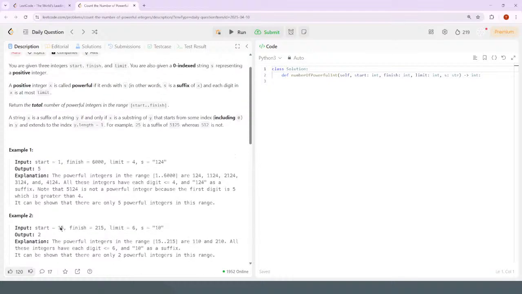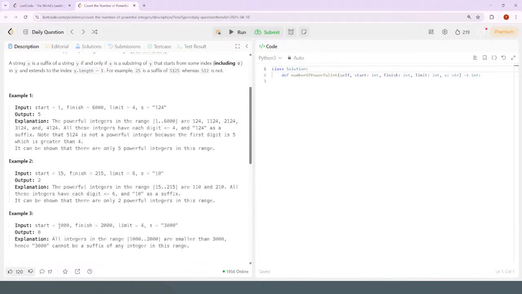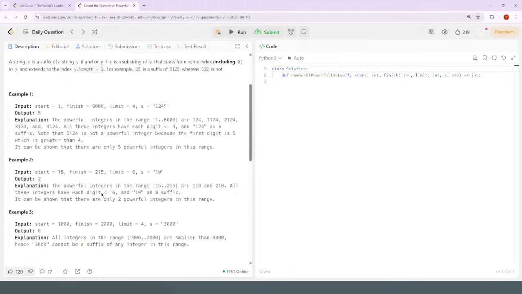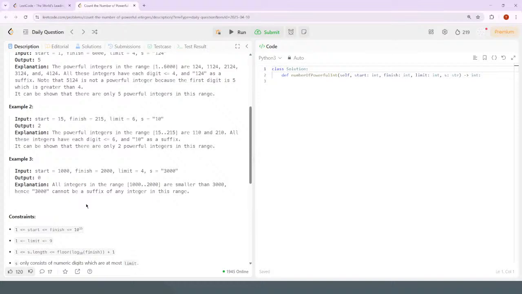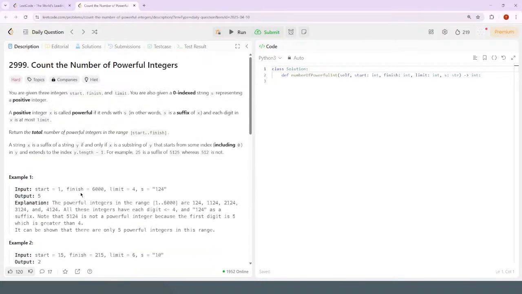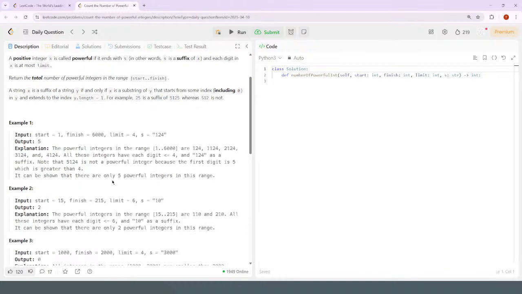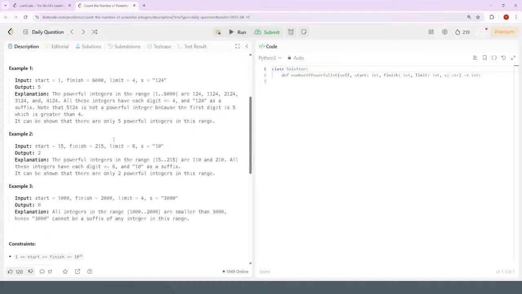Alright, so what to do here? I guess you can start by identifying the number of digits that these things are dealing with. Or maybe you can start by doing the trivial case where you identify if it's possible or not possible.